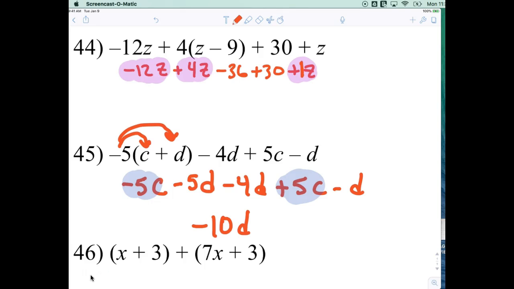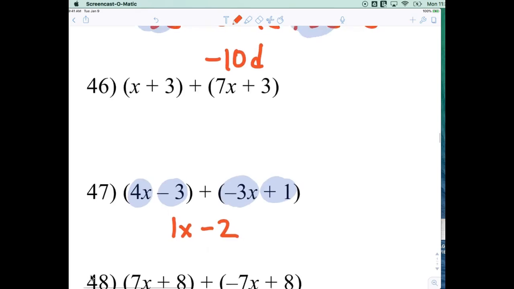Don't forget there's a 1 there. So what does that come out to be? I think it's negative 7z. And then we're going to combine negative 36 plus 30. What's that? I think it's negative 6. Is everybody okay with that?